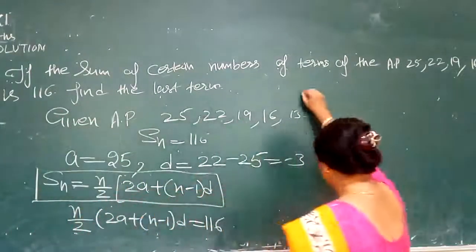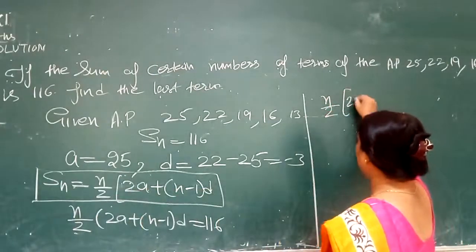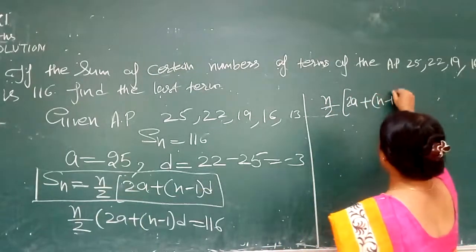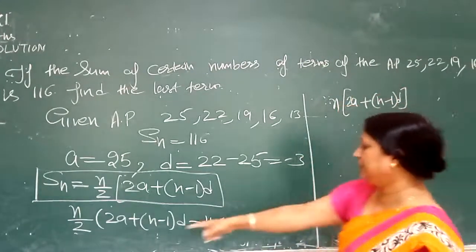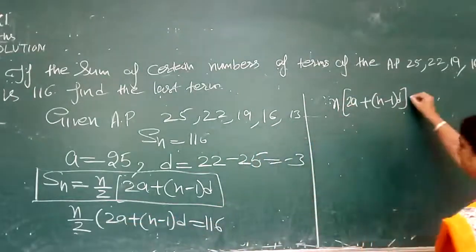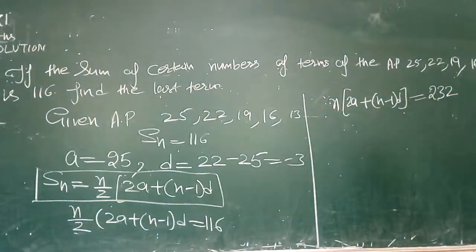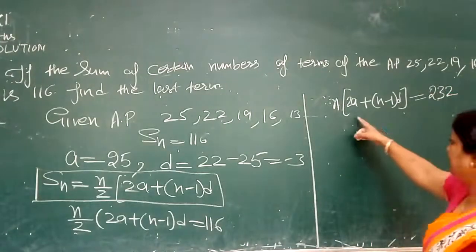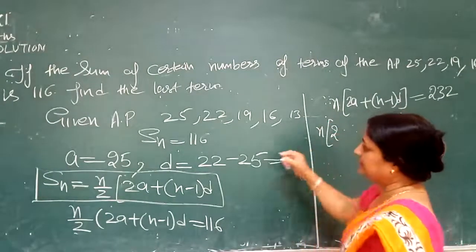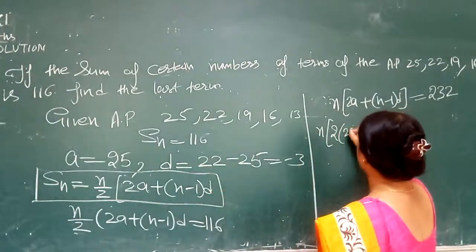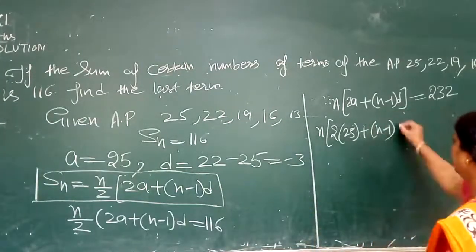After that, n upon 2 as it is, 2a plus n minus 1 into d, and that is equal to, here we multiply this 2 with this term, so it will come 232. Now we will put here the value of 2a. What is A? A is 25, plus n minus 1, and put the value of d here, that is minus 3.